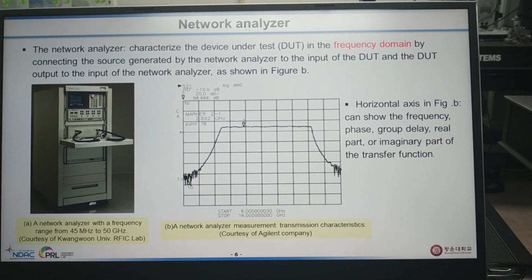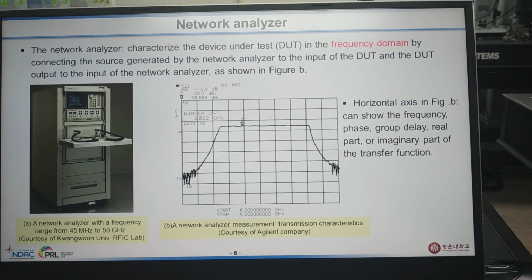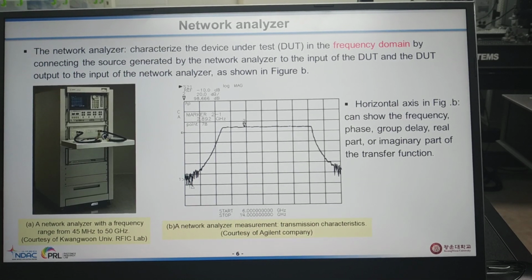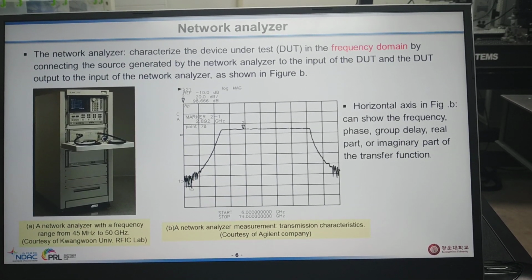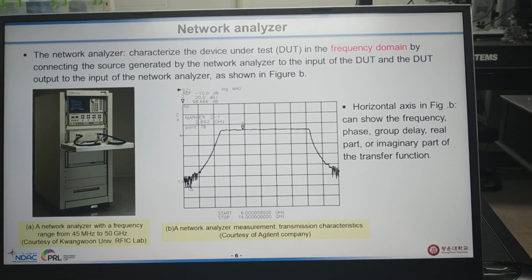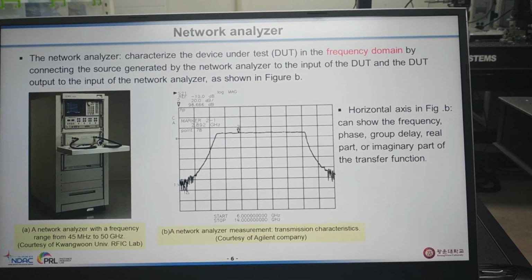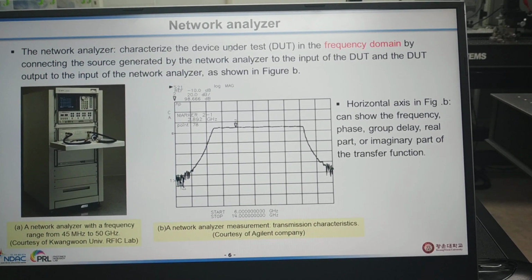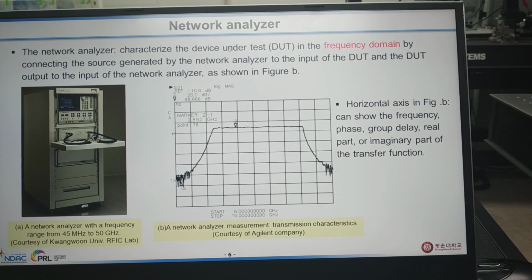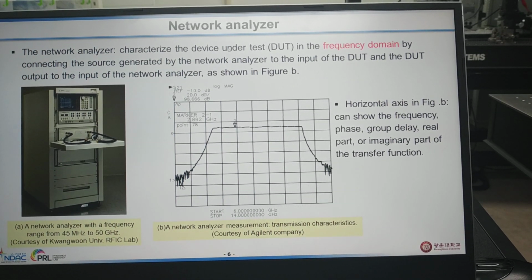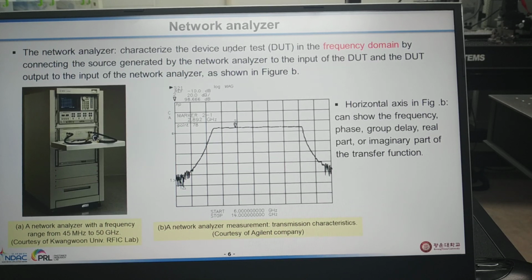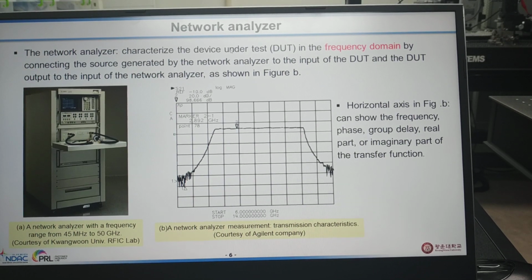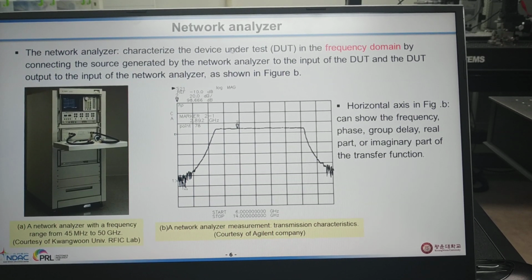First, I will explain what the network analyzer is and its function in the on-wafer measurement system. It is used to characterize the device under test in the frequency domain by connecting the source generated by the network analyzer to the input of the DUT and the DUT output to the input of the network analyzer.